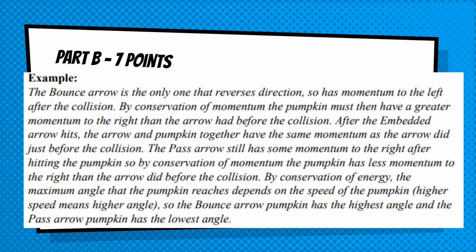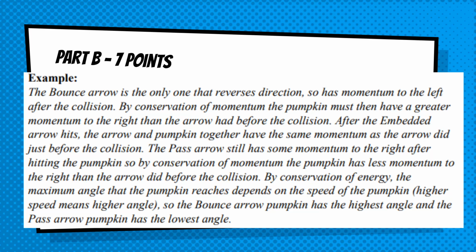By conservation of momentum, the pumpkin must then have a greater momentum to the right than the arrow had before the collision. After the embedded arrow hits, the arrow and pumpkin together have the same momentum as the arrow did just before the collision. The pass arrow still has some momentum to the right after hitting the pumpkin, so by conservation of momentum, the pumpkin has less momentum to the right than the arrow did before the collision.